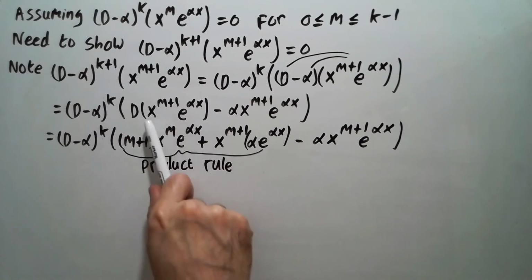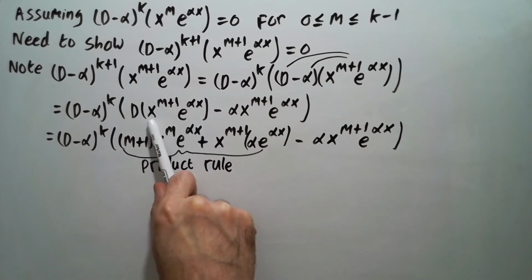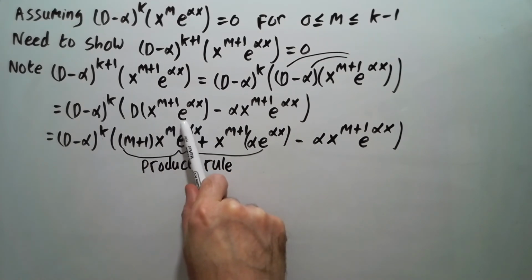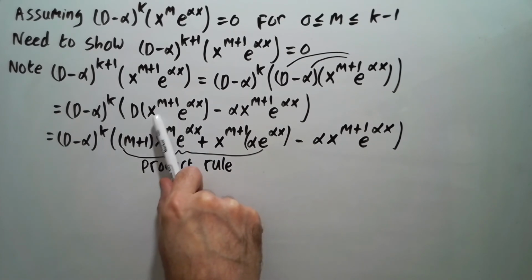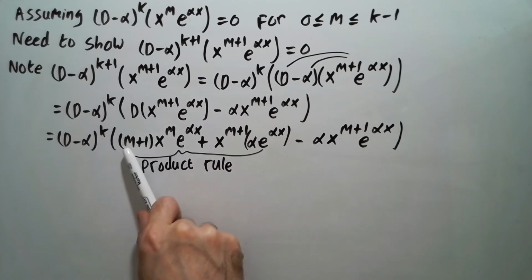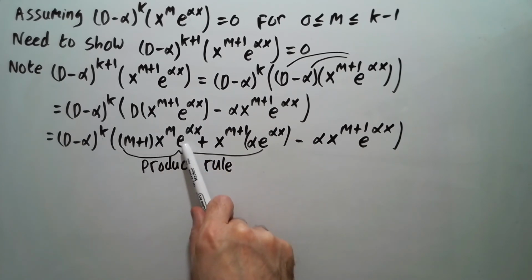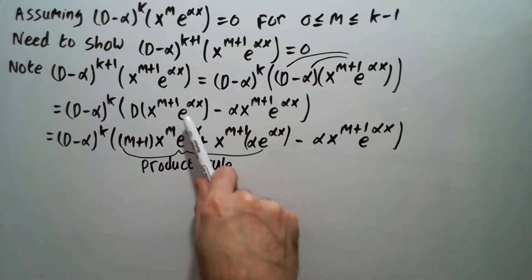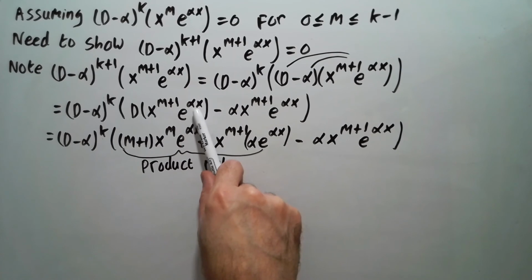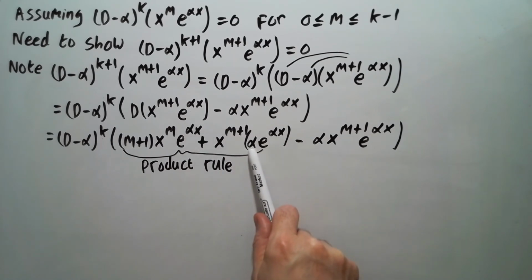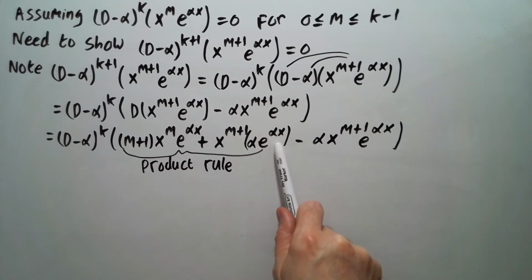Okay, so applying the product rule to this, the x to the m plus 1 is my first function, the e to the alpha x is my second function. So the derivative of x to the m plus 1: bring the m plus 1 in front, subtract 1, x to the m, times my second function, plus first function times the derivative of e, so it'd be itself times the derivative of alpha x, which is just alpha e to the alpha x here.